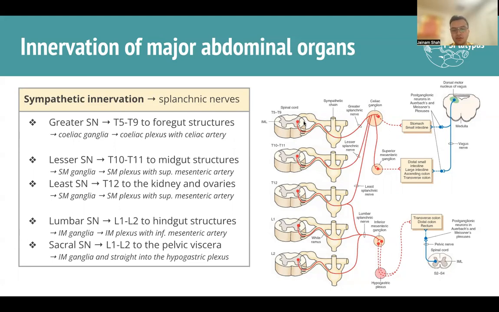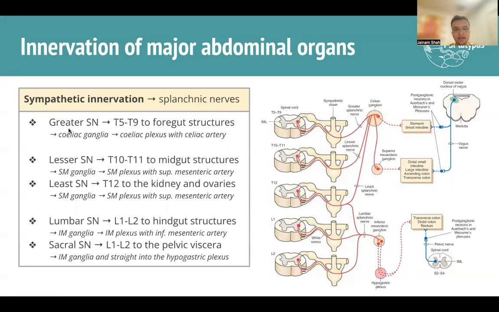Firstly, they start in the spinal cord. They go to the sympathetic chain, but instead of coming off of that directly, they continue onwards as a splanchnic nerve, and then they will link up with something at a ganglion, and then you get your postganglionic nerve, if that makes sense, right? So you'll have a whole lecture on this, but this is just a brief overview of how that works.